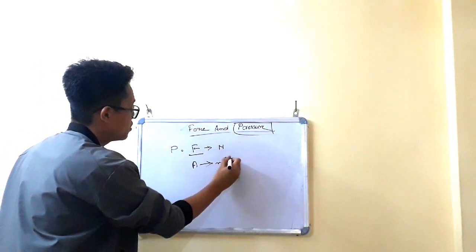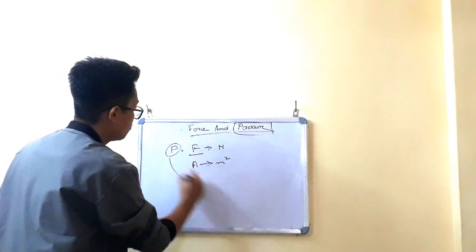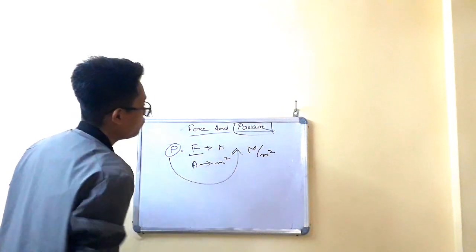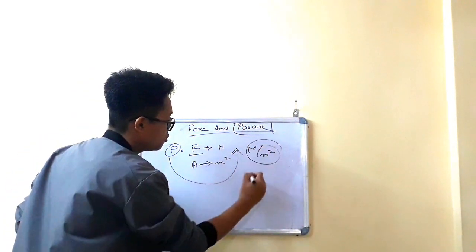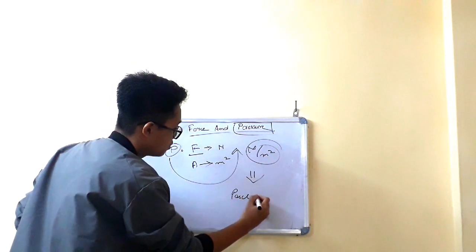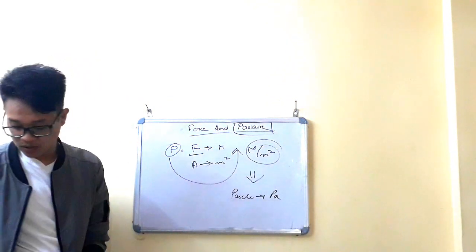So the unit of area is meter square. So the unit of pressure will be Newton per meter square, which can also be written as Pascal, denoted as Pa, right? Simple.